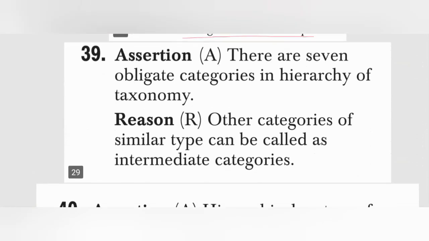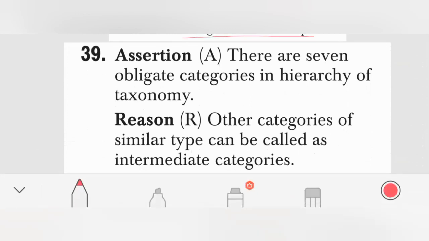Next question. There are 7 obligate categories in the hierarchy of taxonomy. Okay. Other categories of similar type can be called intermediate categories. Yes, here both are true, but R is not the correct explanation of A. Why?